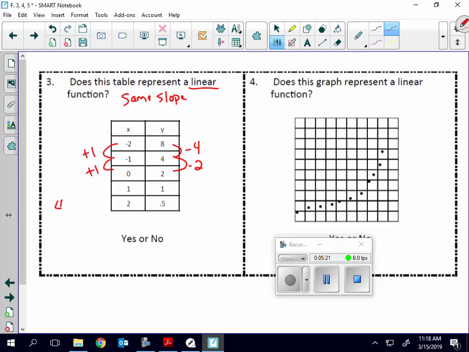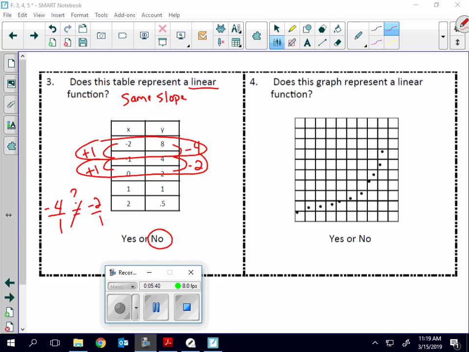Does 4 over 1, does this one equal the second one? Negative 4. Does that equal that? Nope. Not linear. The graph is pretty easy. You can tell it's not in a straight line here, so that would be no.